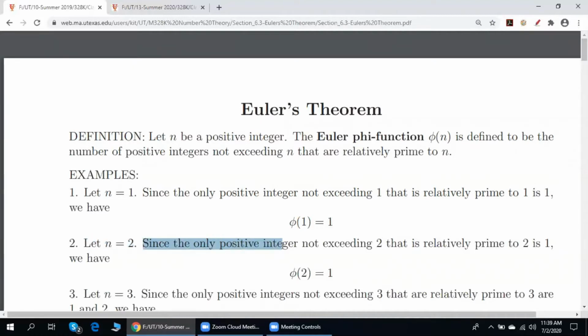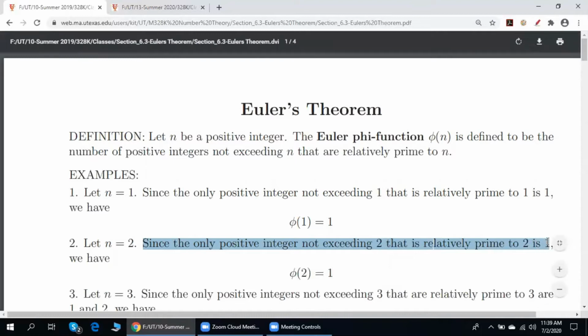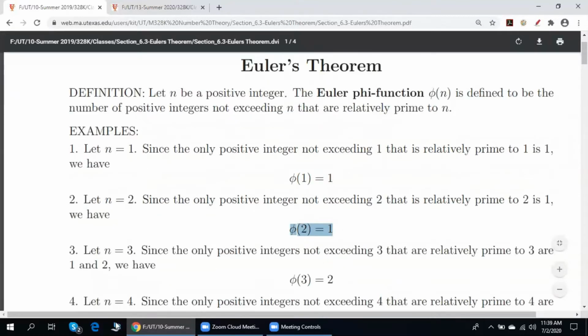Since the only positive integer not exceeding 2 that is relatively prime to 2 is 1, we have phi of 2 is equal to 1 again. Let n is equal to 3. Since the only positive integers not exceeding 3 that are relatively prime to 3 are 1 and 2, we have phi of 3 is equal to 2.